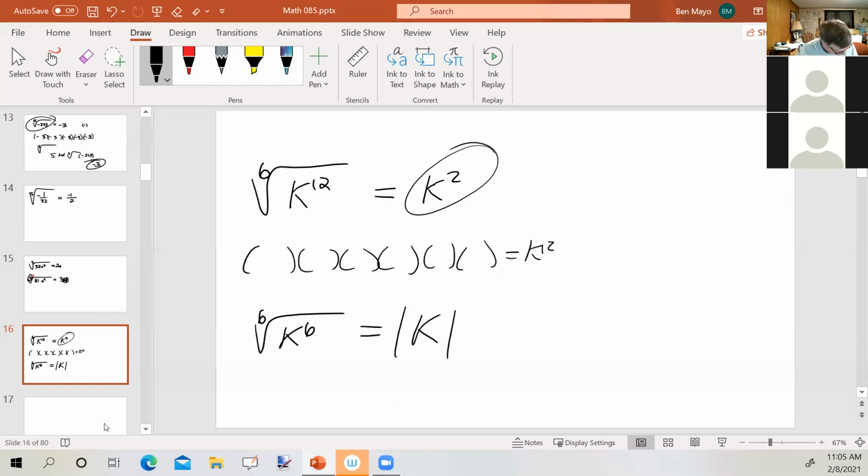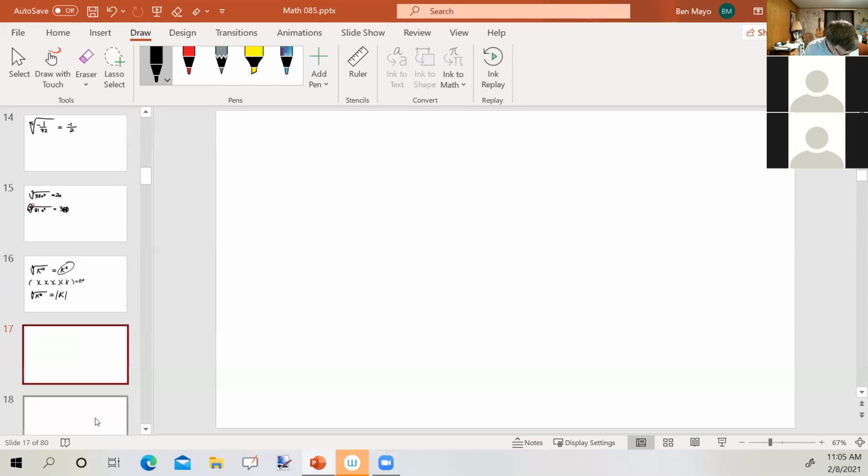How about this? The fourth root of x minus 7 to the 8th power. So this is going to be x minus 7 to what power? To the second power.